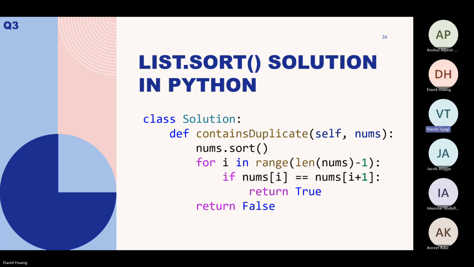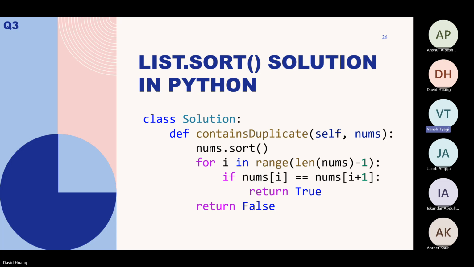Okay, so in this Python code, it's pretty much the same code. We are first sorting the array in ascending order. That's the default. And then we're going to loop through the array using, I'm not that good with Python, but for in range. So I guess it's going to iterate the array from i equals 0 to i equals the length of the array minus 1, which is the last element in the array.